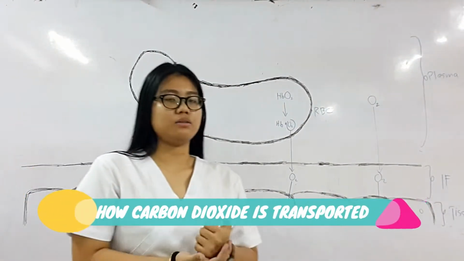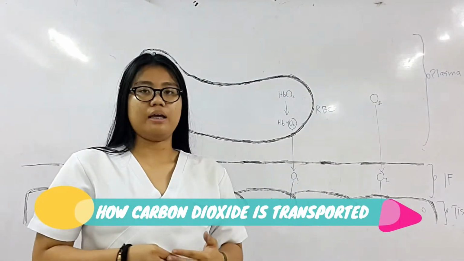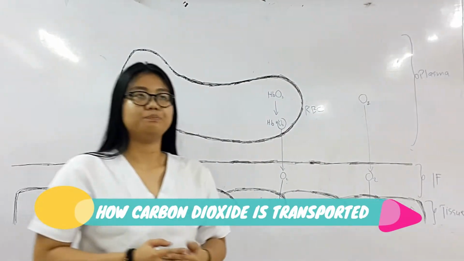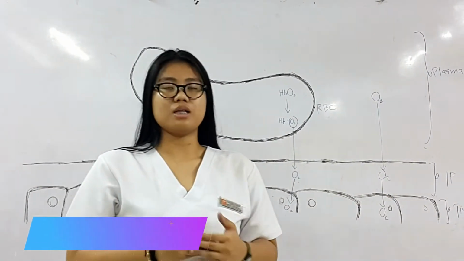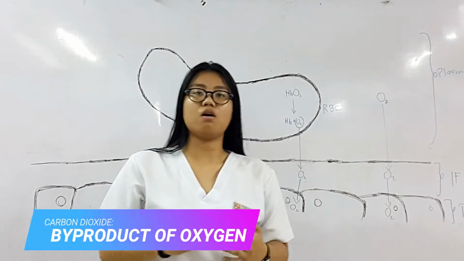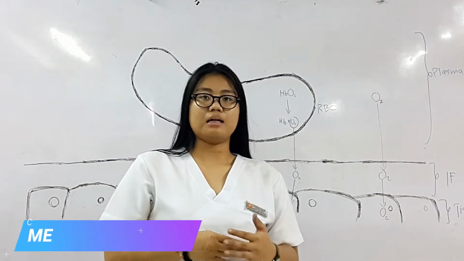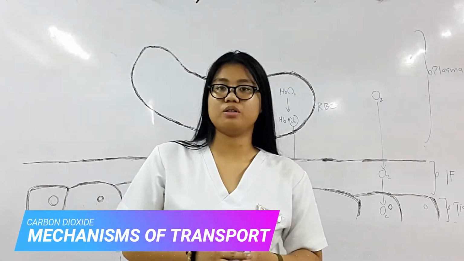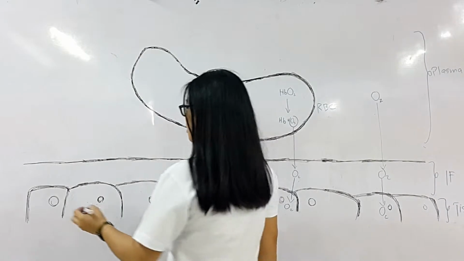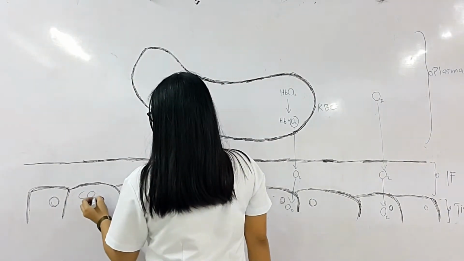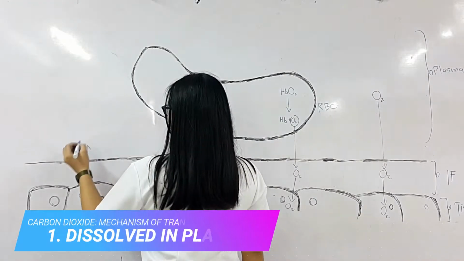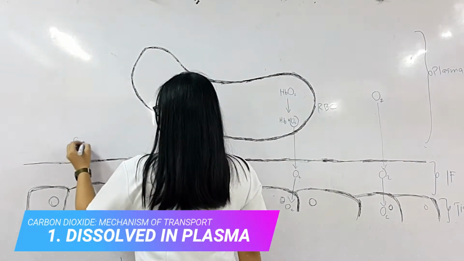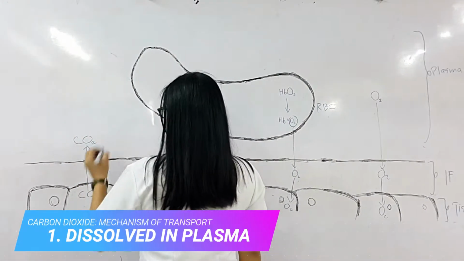Now let's talk about how carbon dioxide is transported to the plasma or the blood. Carbon dioxide is a byproduct of using oxygen, and it has three mechanisms of transport. First, from the tissue, some of the carbon dioxide is transported to the plasma and is dissolved.